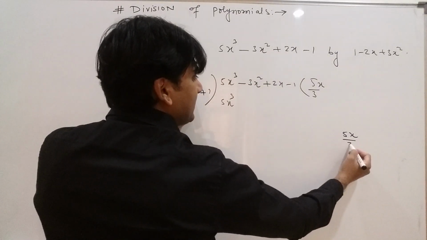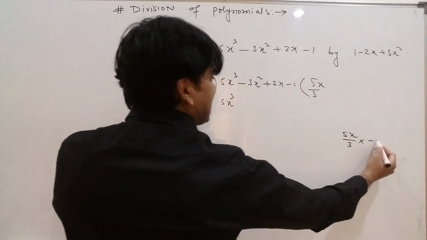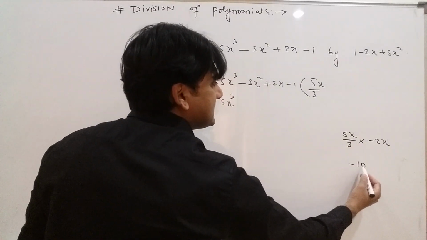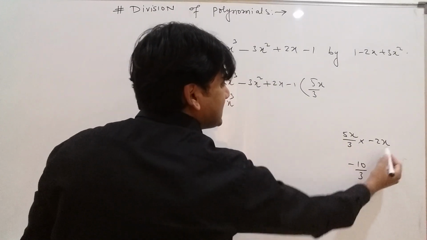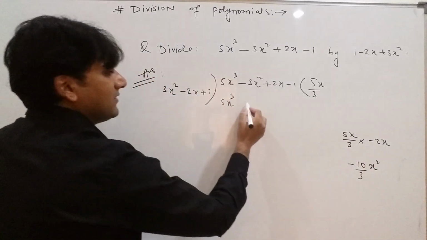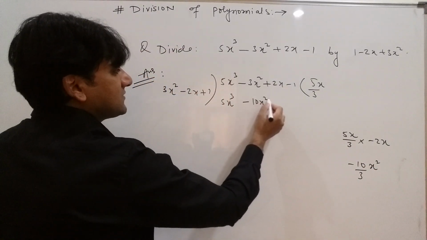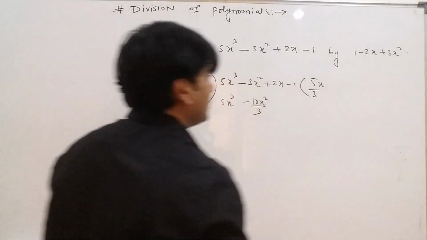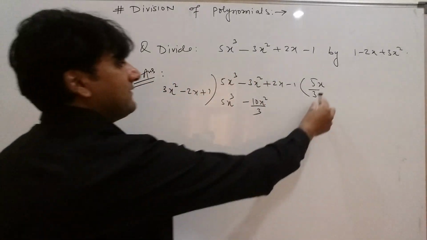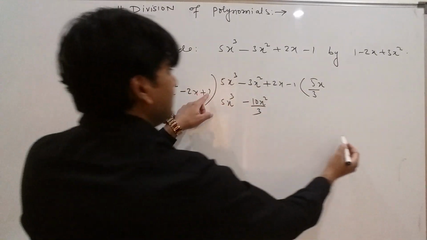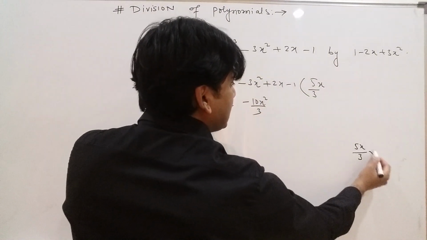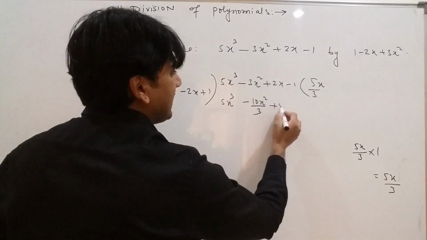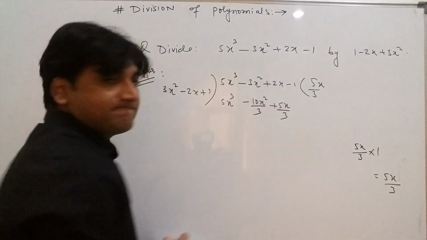So 5x over 3 times minus 2x, right? So 5 times minus 2 is minus 10 over 3 and x squared. So I will write minus 10x squared over 3. Okay, that's good. Now again, this 5x over 3 will multiply this 1. Then 5x over 3 times 1 is 5x over 3, which I have to write over here.